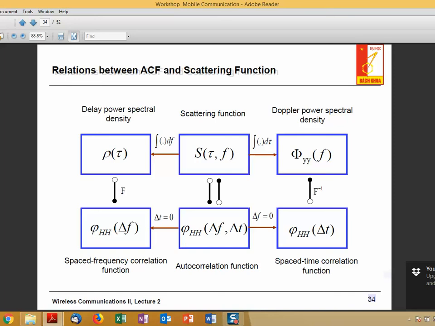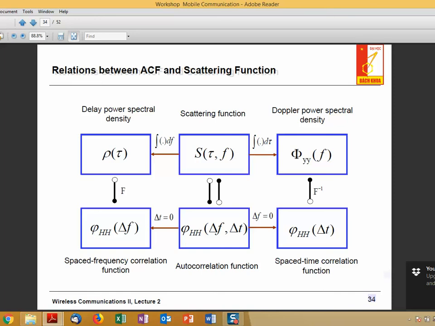Now that we have the scattering function, integration over the frequency domain gives the delay power profile. And integration over the time delay gives the power Doppler spectrum.